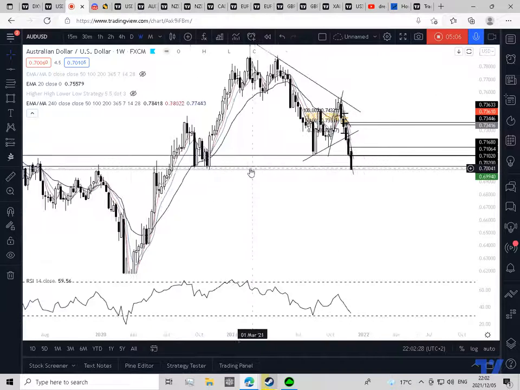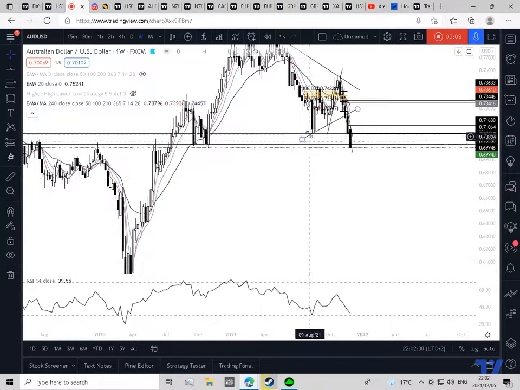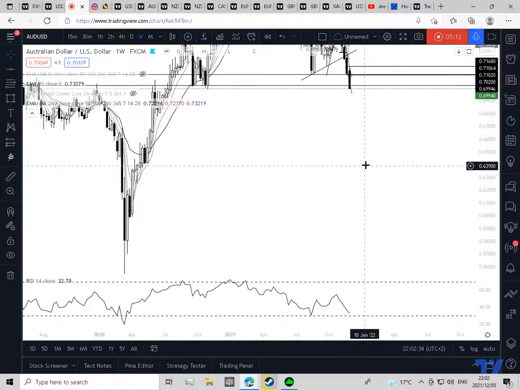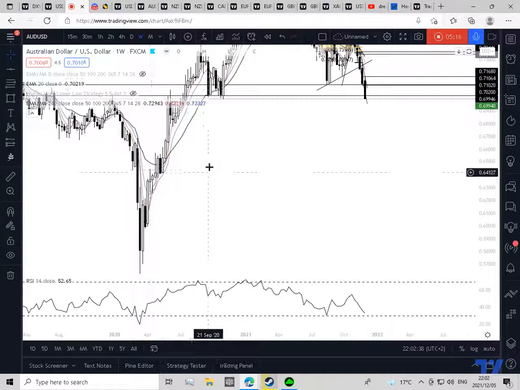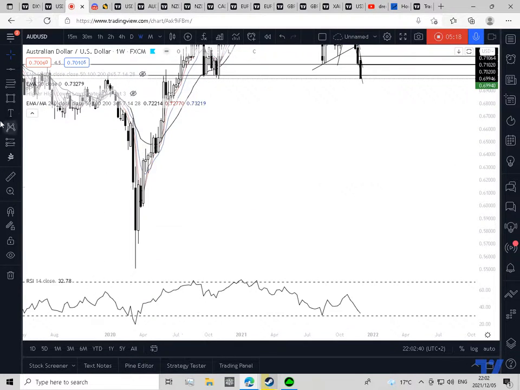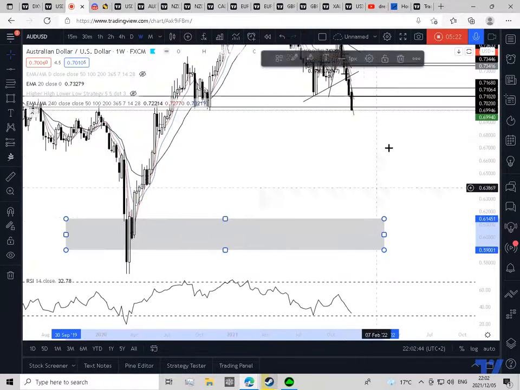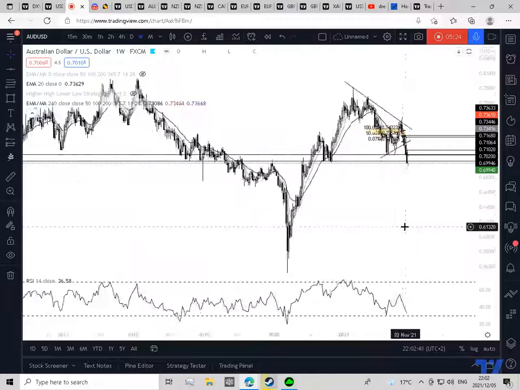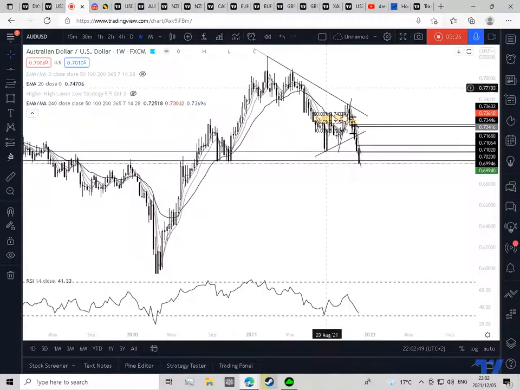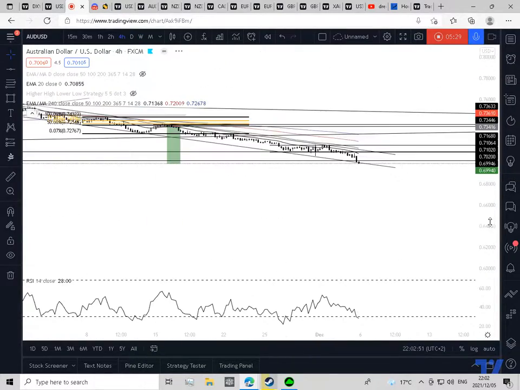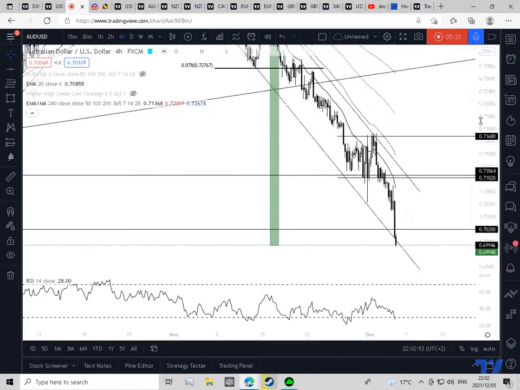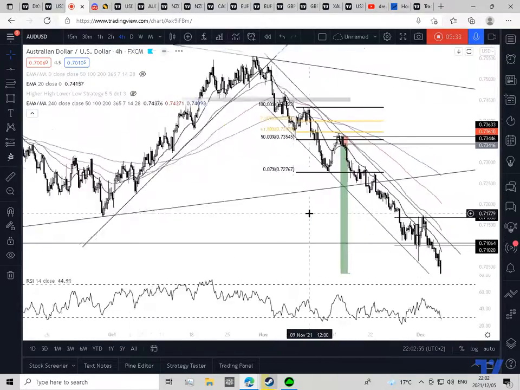So when that confirms below here, I reckon it'll carry on pushing all the way down until we reach a zone like this, until we reach this order block, or maybe this chunky order block over here. But still, I reckon we could actually add more positions, but we're going to hold 25% and see what happens.